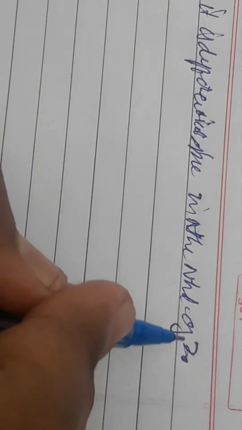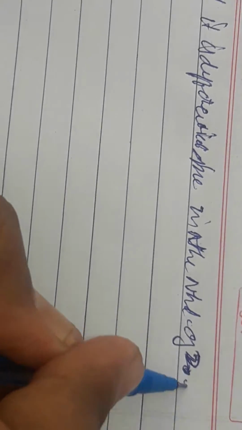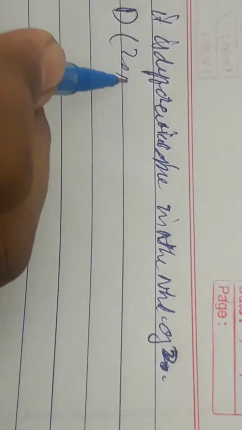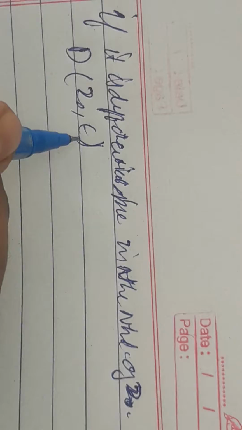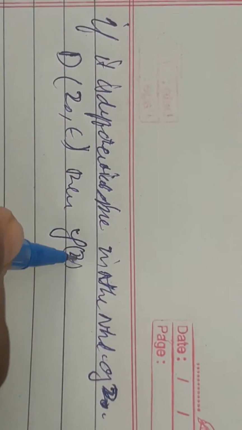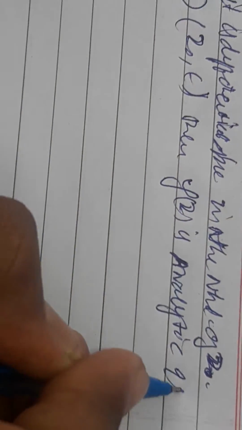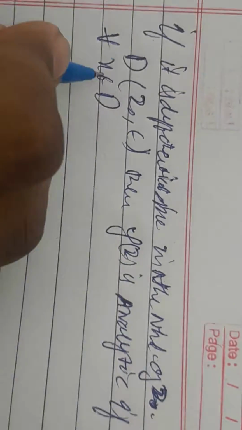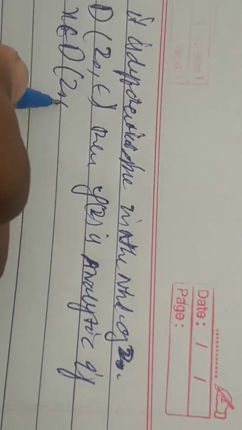If you choose any neighborhood around the point z naught, taking radius epsilon, then f of z is analytic if for all points in this disk, f of z is differentiable.